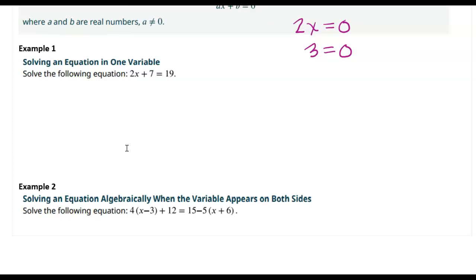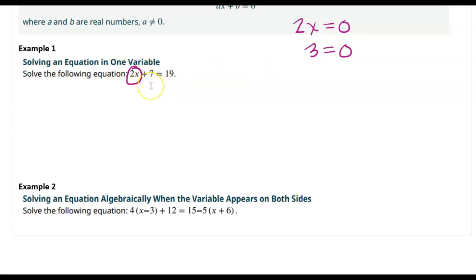When I want to solve equations, I want to use inverse operations in order to isolate the variable. So here we have 2x plus 7 equals 19. If I want to isolate the variable, I want to work with the numbers first, the b number that is not associated with the x.